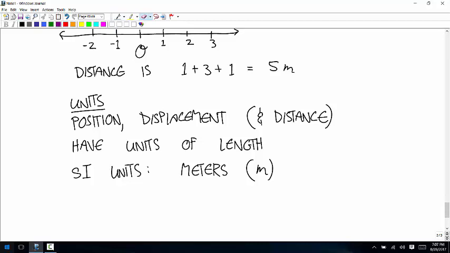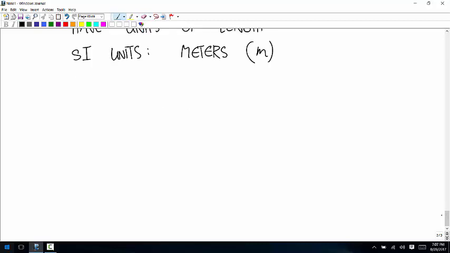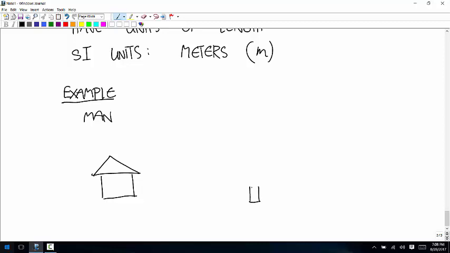Okay, let's do a problem that sort of combines all this stuff. So let's say a man, well, let me draw a picture. We know it's a man. That's what we know so far. Let's say there's a house here, and then there's a fire hydrant.